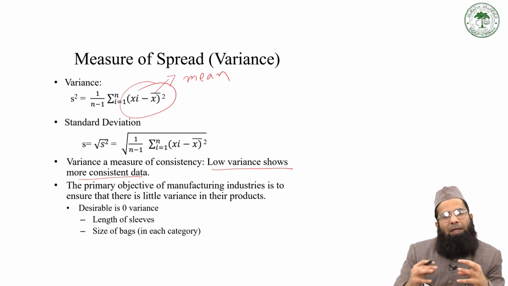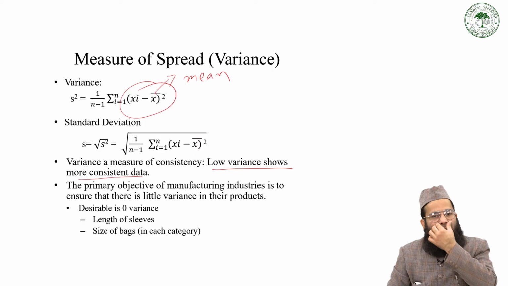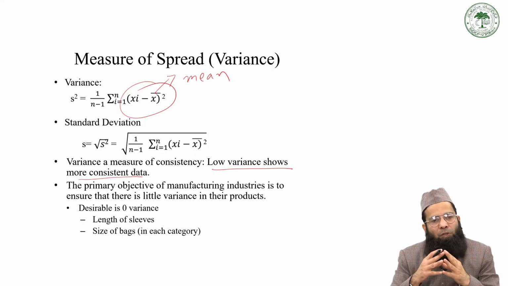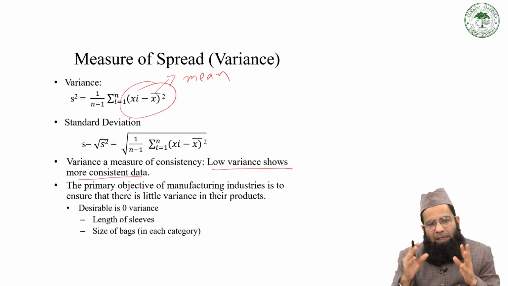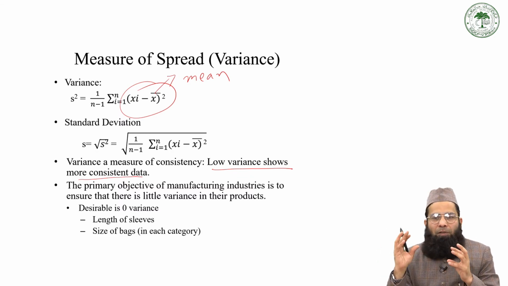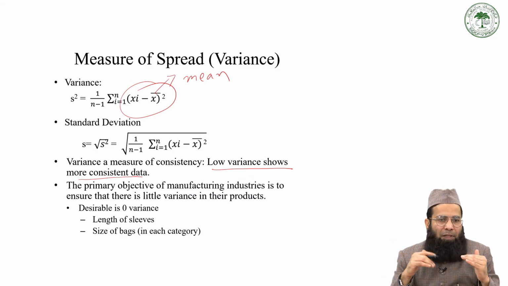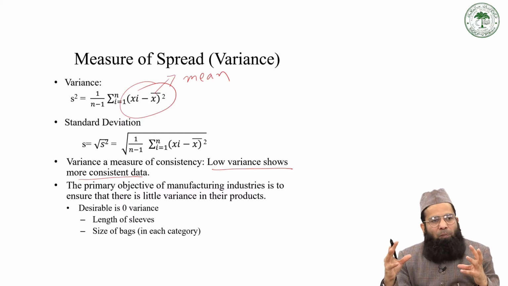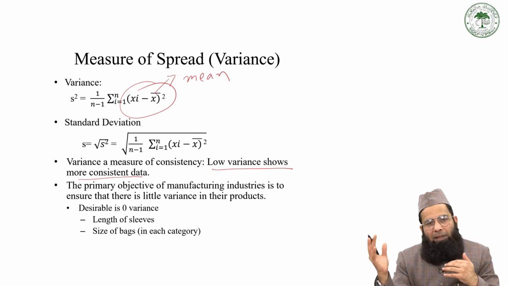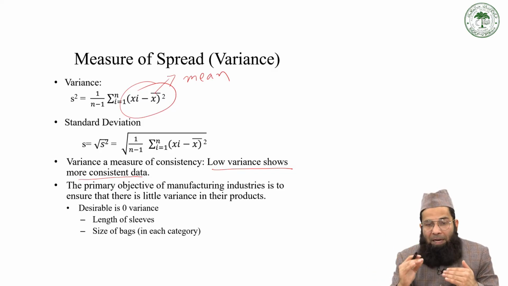Similarly, if a company is manufacturing bags, the size of all the bags in each category should have variance 0. If the variance is not 0, it means the size of the bag would vary within the same category.